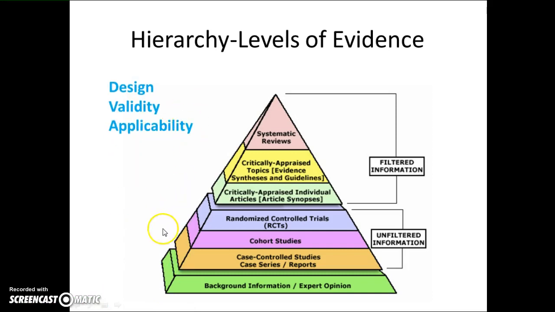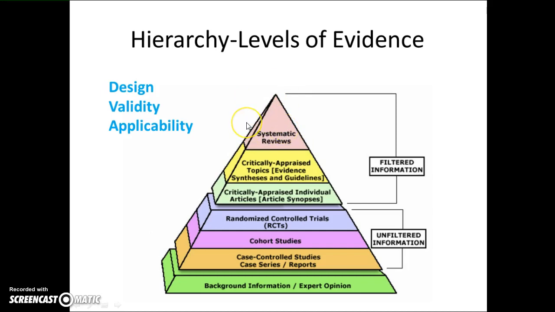And so we could say that as we move up the pyramid, the design, the validity, and the applicability of the research study improves dramatically, right? Where we would have poorly designed research articles down here and probably your most rigorous research articles at the top of the pyramid.